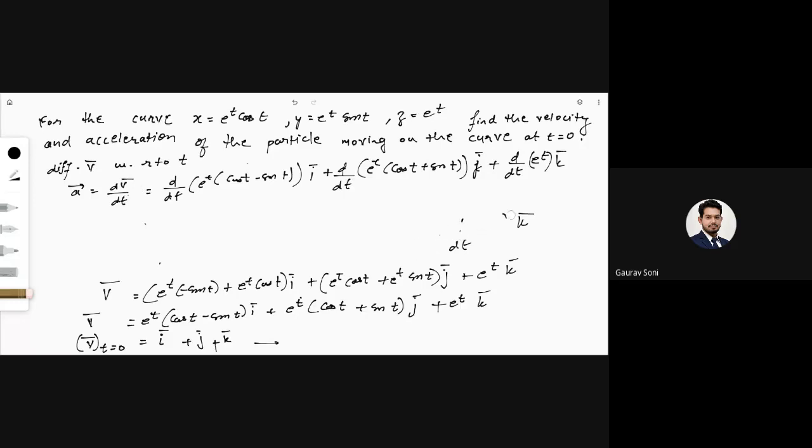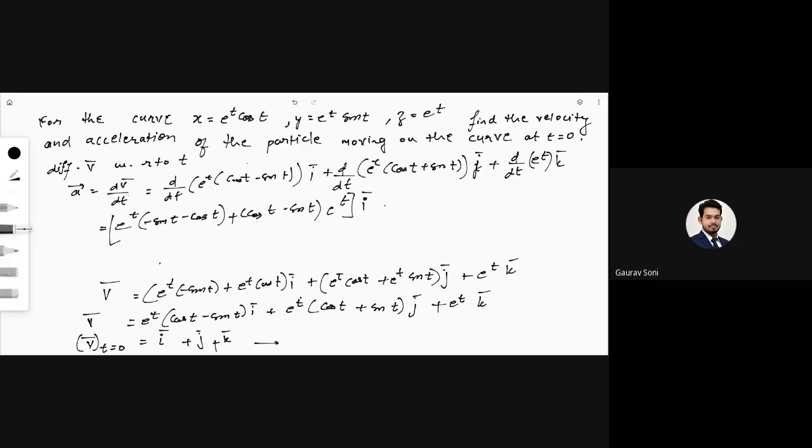So let's use the product rule two times now. So e to the power t as it is, in bracket, the derivative of this will be minus sin t minus cos t, plus (cos t minus sin t) e to the power t. This is the product rule for the first one, the i coefficient.